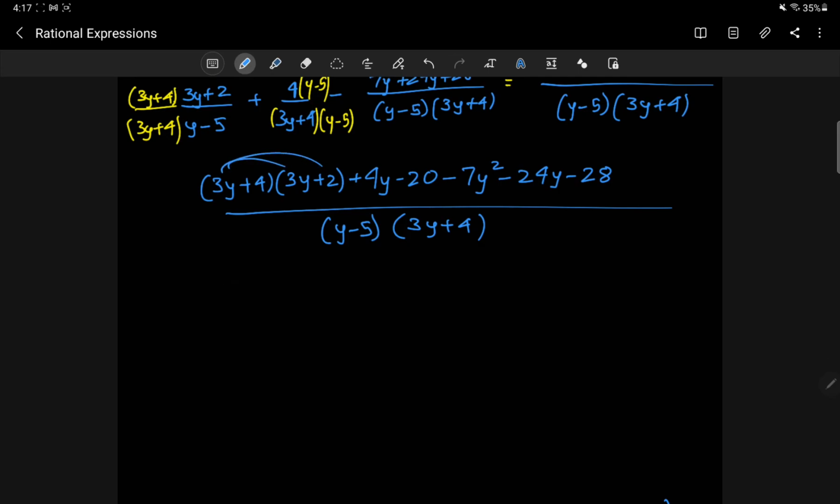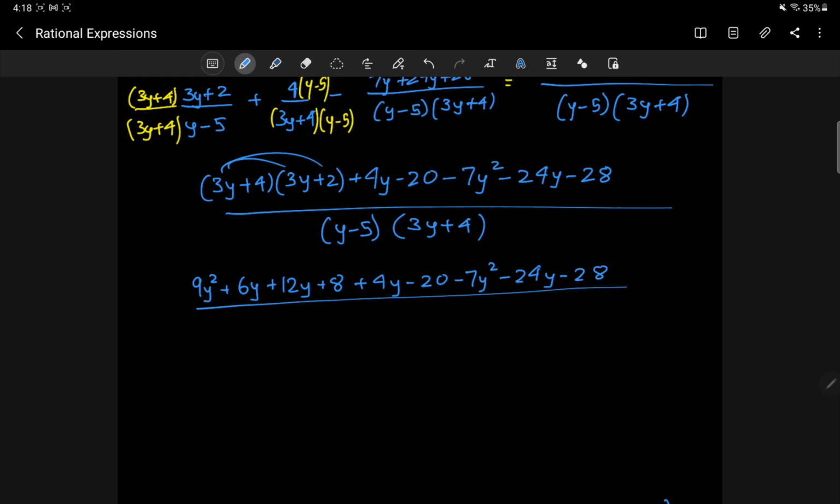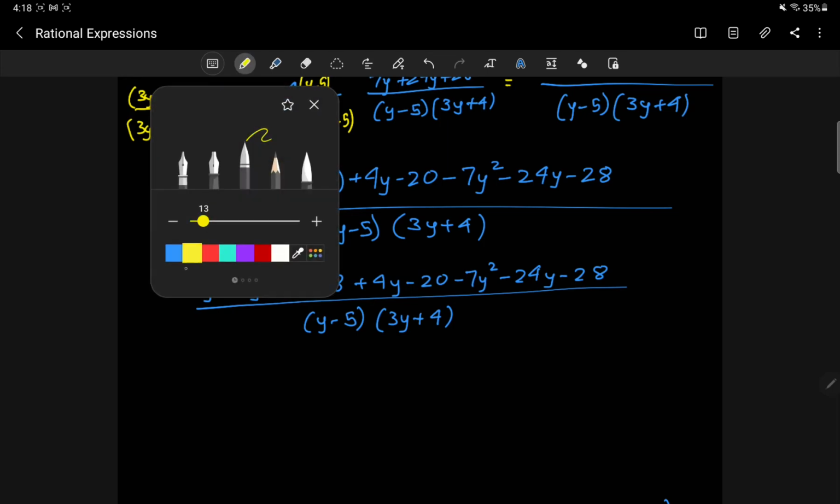FOIL this out, 3y times 3y is 9y squared plus 3y times 2, 6y, 4 times 3y is 12y, 4 times 2 is 8, plus 4y minus 20 minus 7y squared minus 24y minus 28 divided by y minus 5 and 3y plus 4. Now let's collect the like terms.